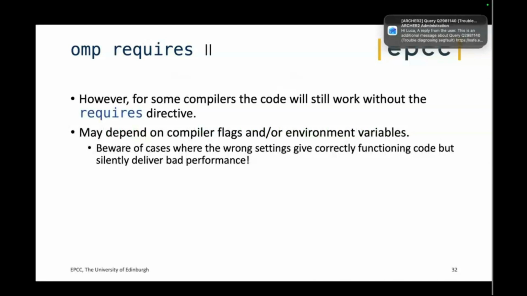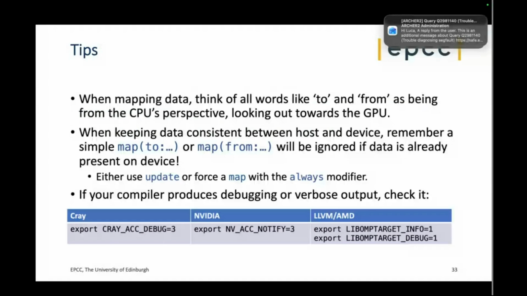And finally, some debugging tips. It's very easy to forget to map some data. So when you access it on the wrong device, you end up with your application crashing because the data is not allocated, or worse, your application does not crash, but is operating on some old data which has not been updated.